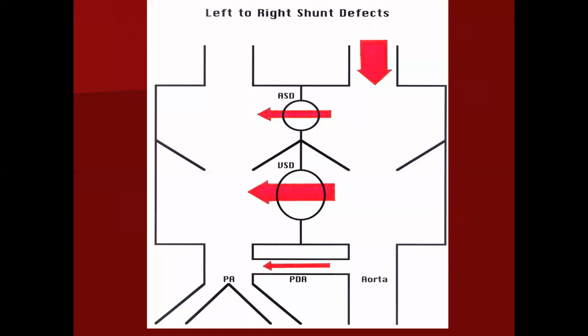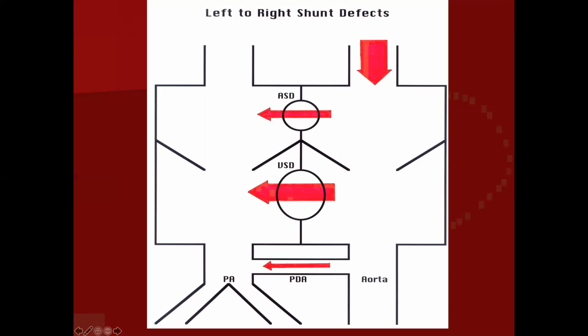Understanding these diagrams is important to understanding congenital heart disease lesions in the direction of flow. Here you see that for left to right shunts, you have the right side of the heart, then coming back in through the pulmonary veins, the left side of the heart, and out to the aorta.